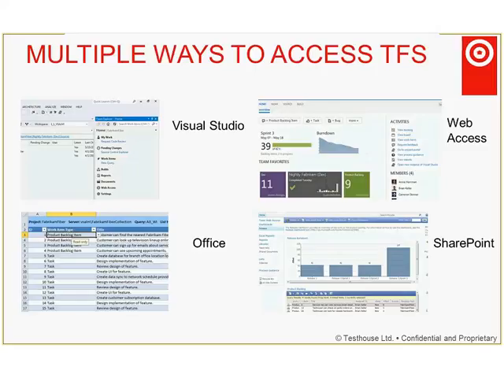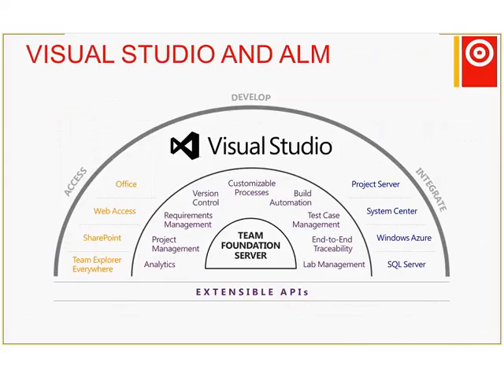You can export from Team Foundation Server into SharePoint to give status reports to a variety of people via the normal SharePoint systems. And there's a number of import-export mechanisms between Team Foundation Server and the Microsoft Office programs, including Excel and Project. Team Foundation Server is basically a database.